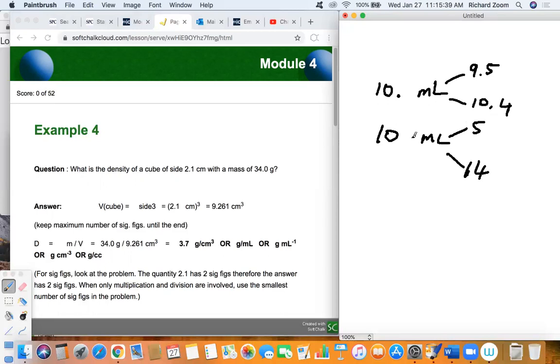So the accuracy of these two numbers is what's in question here. The dot is making this zero significant, whereas the lack of the dot here means the zero is not significant. And that's why it's important that if it's written down as 10 dot, that's how it's presented as well.